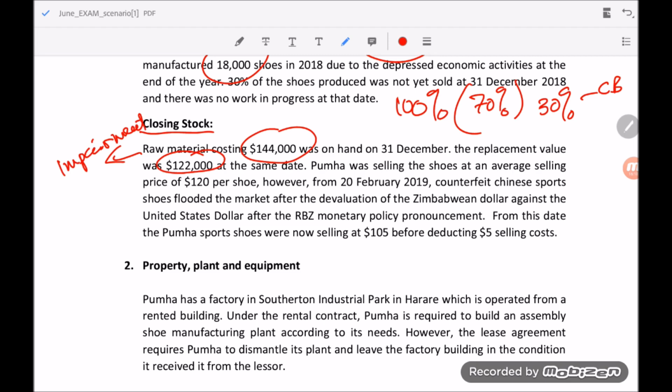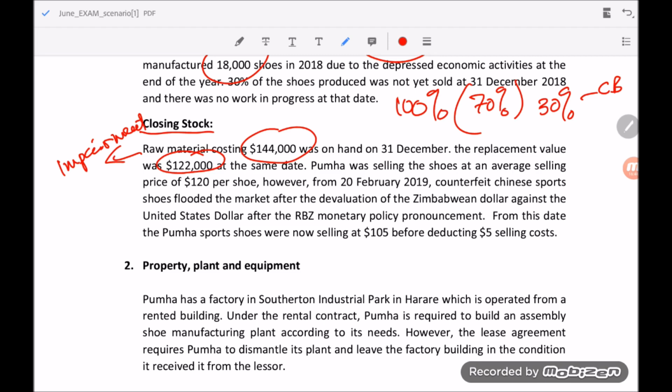Then Puma was selling the shoes at an average selling price of 120 per shoe. However, from 20 February 2019, counterfeit Chinese shoes flooded the market after the devaluation of the Zimbabwean dollar against the United States dollar after the RBZ monetary policy pronouncements. So from this date, the Puma sports shoes were now selling at 105 before deducting $5, which is selling cost. Okay.